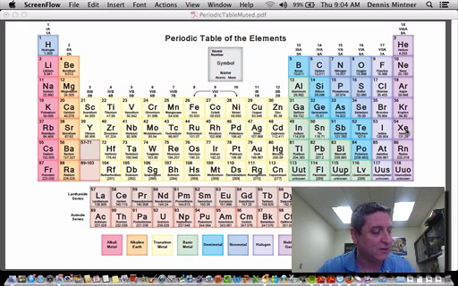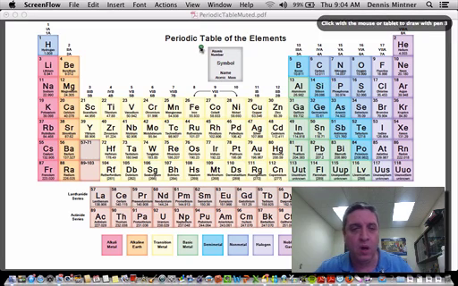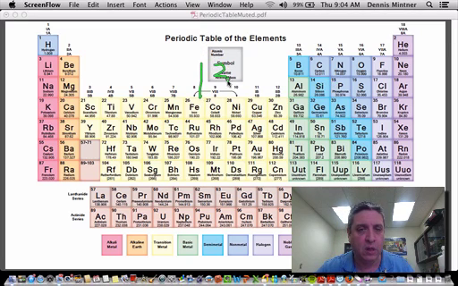3, how many neutrons does this atom have? Well, if the mass number is 131, and that would be the protons and neutrons together, and the atomic number was 54, if I subtract those, I will get 77. And this is the protons, this is the neutrons, and together they give me the mass.